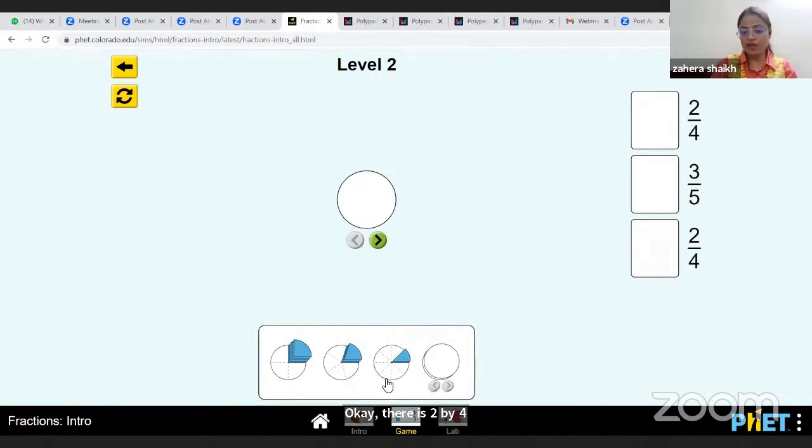Now I have to identify and try to understand which has the correct number of equal parts. So I can see 1, 2, 3, 4, 5. Okay, I can make the drawing or the representation for this 3 by 5. 5 parts. Yes, no, it's 4 parts. 5. Yes, now I got it. So how many parts should be covered?